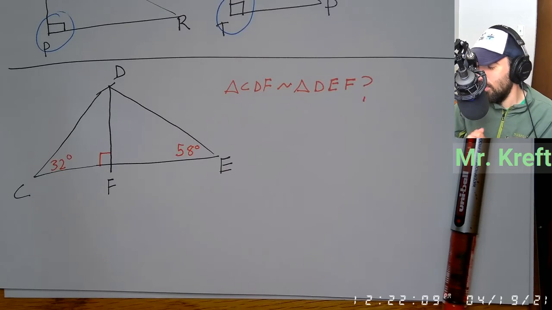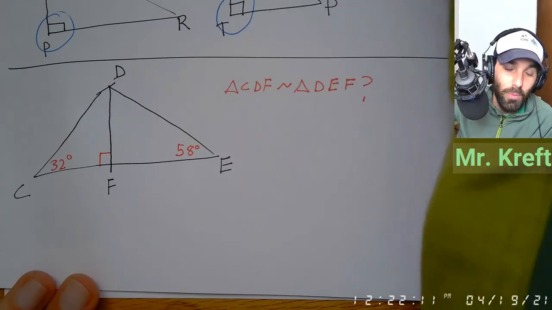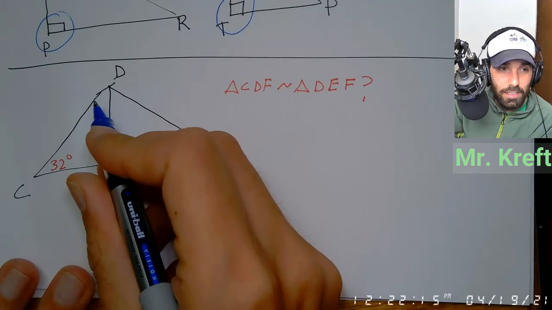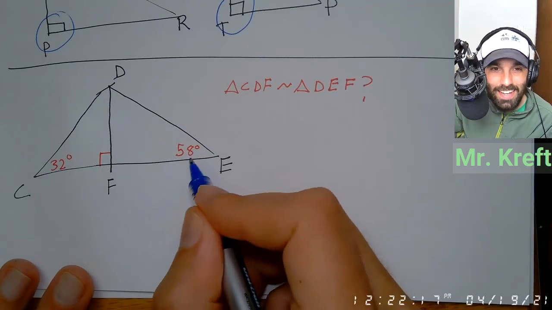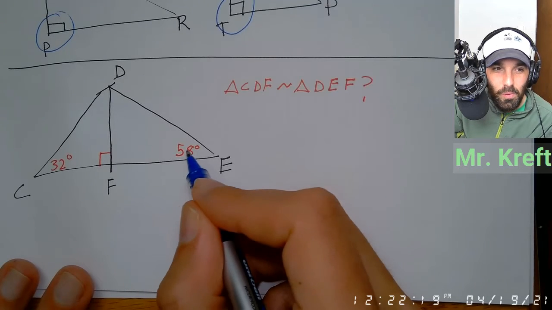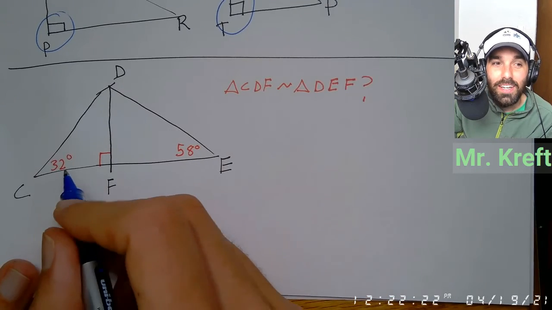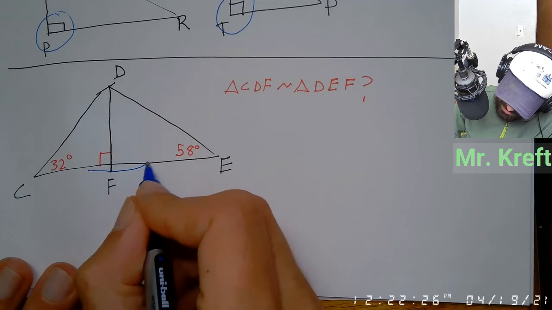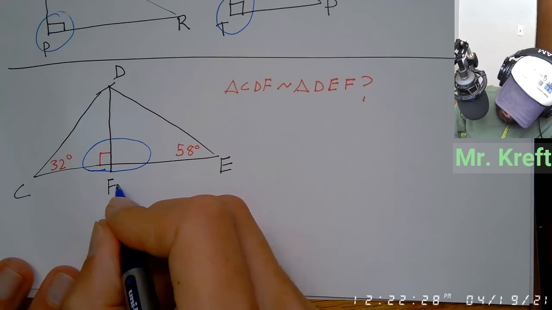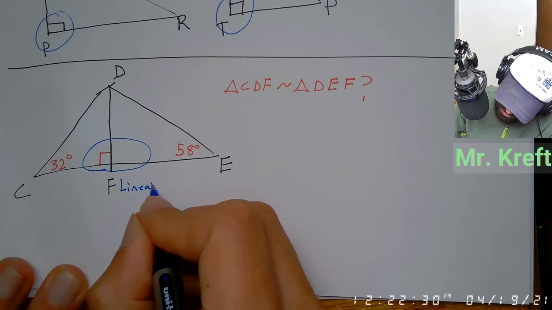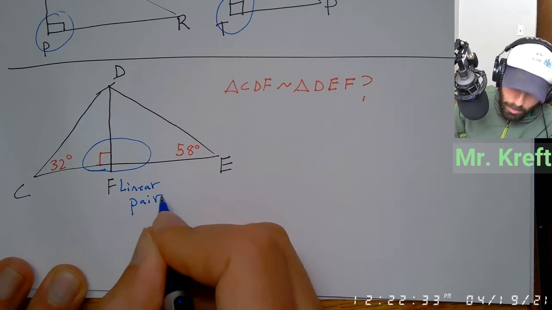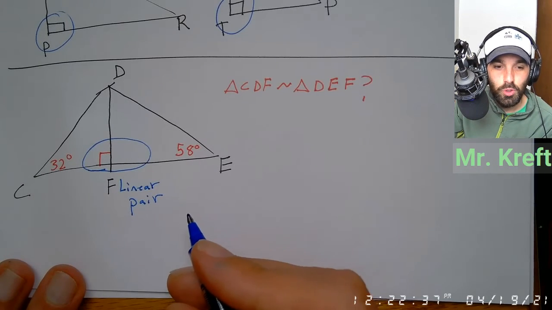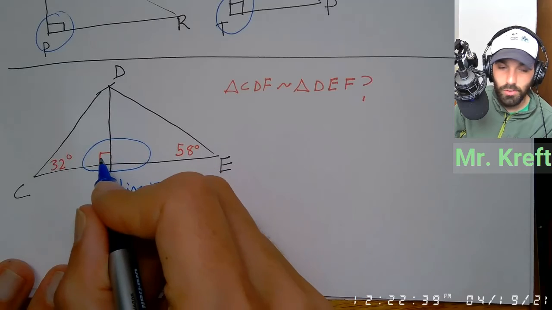All right, so I have to go over this. So let's go over this. So now we can do triangle sum theorem to get here, right? But we only have one angle here. So the first thing we need to take a look at is these two angles. This is a linear pair. And what do linear pairs do? Linear pairs add up to 180 degrees.